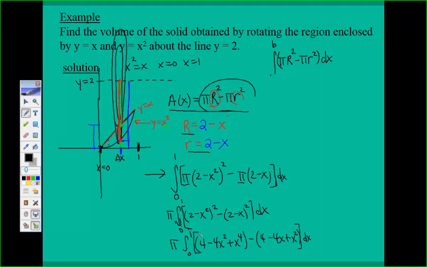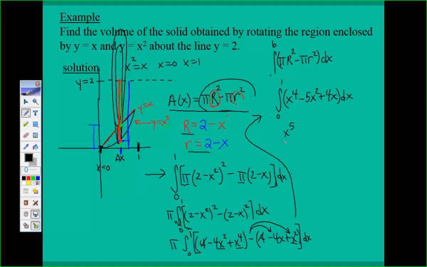So let's collect our like terms. We would have the integral from 0 to 1, and this 4 cancels, and we would have an x to the 4th, negative 5x squared, and then a plus 4x, dx.